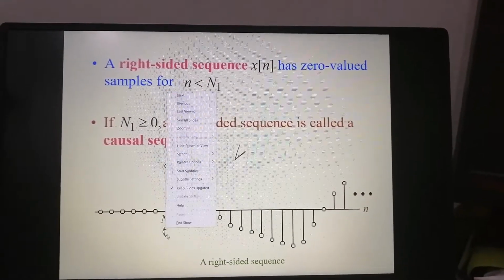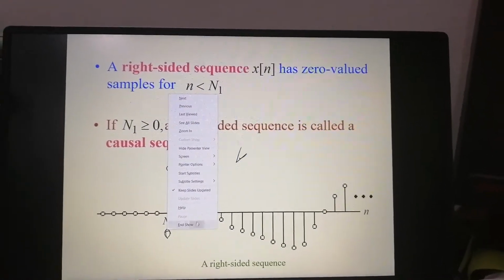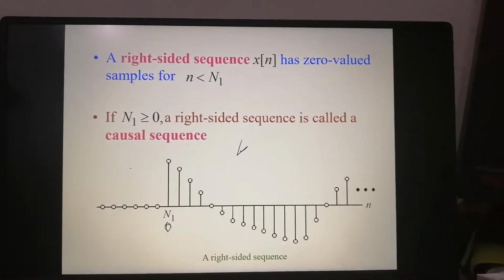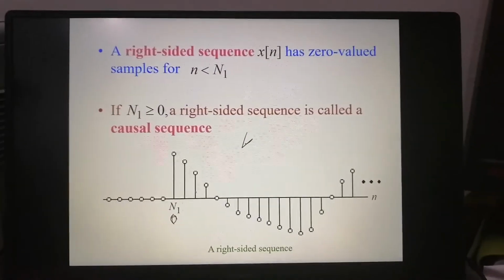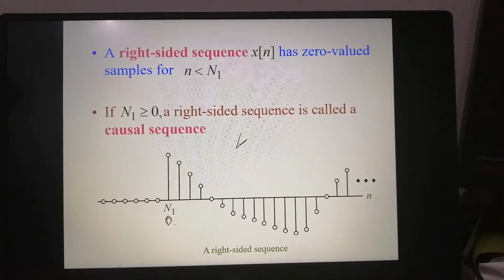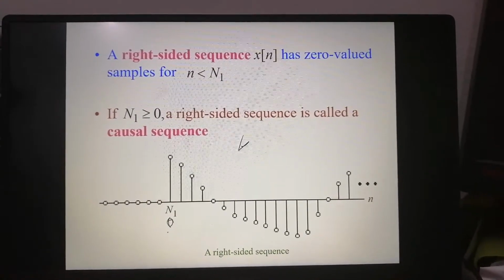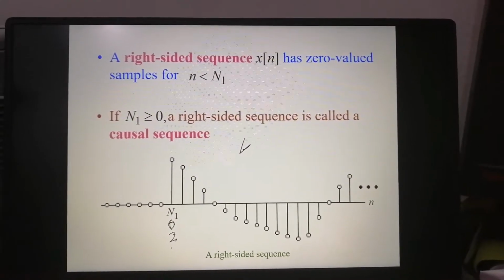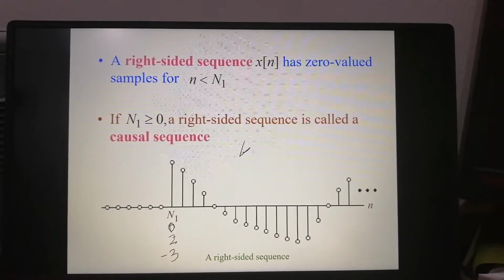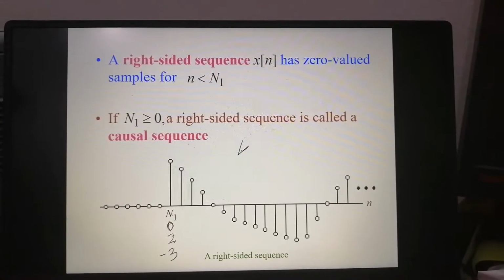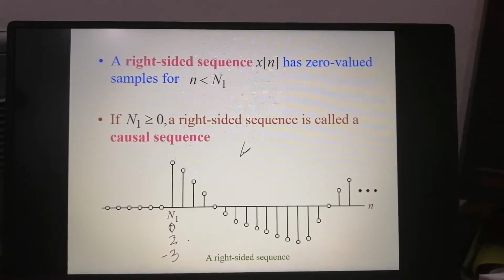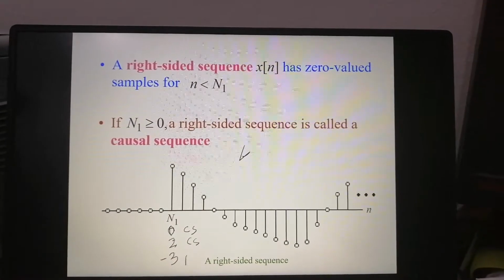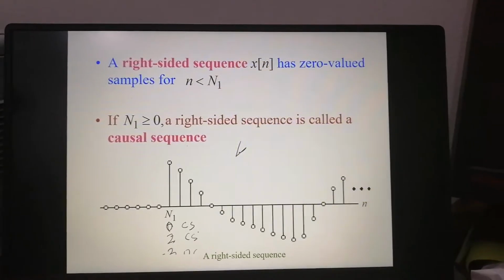Sequence is causal when n1 is 0 or n1 is 2, katakan, bigger than 0 or the same as 0. If n1 is equals to negative 3, katakan, so it is smaller than 0, so it is a right-sided sequence. So this is a causal sequence, this is a causal sequence, this is a right-sided sequence, okay.